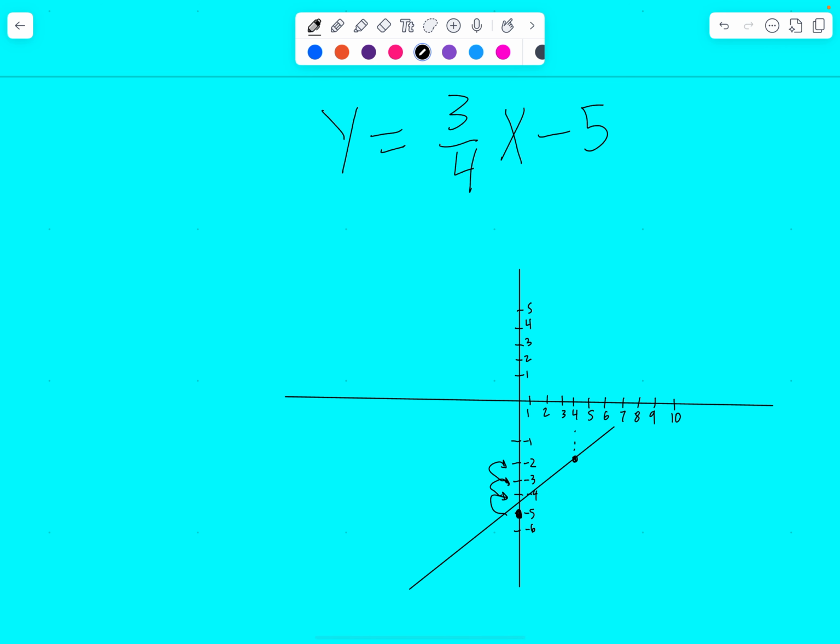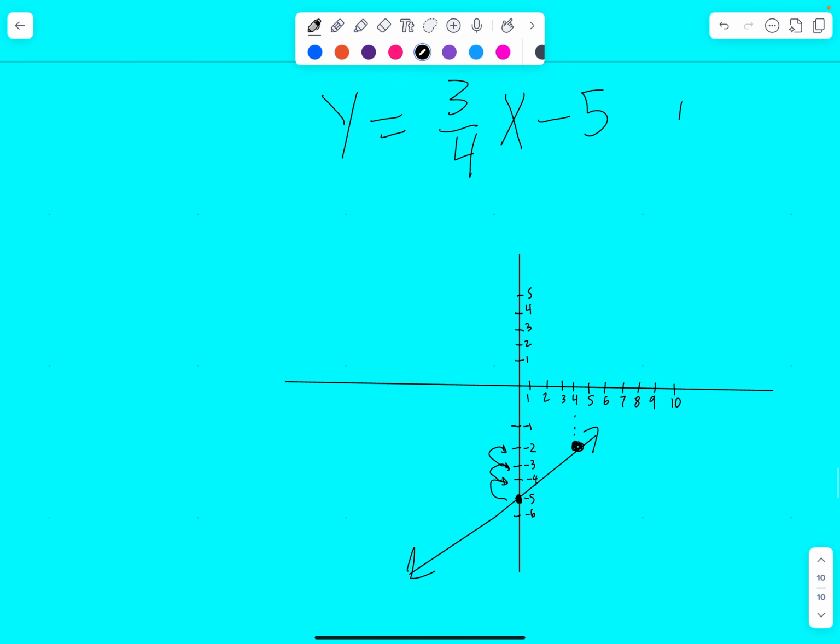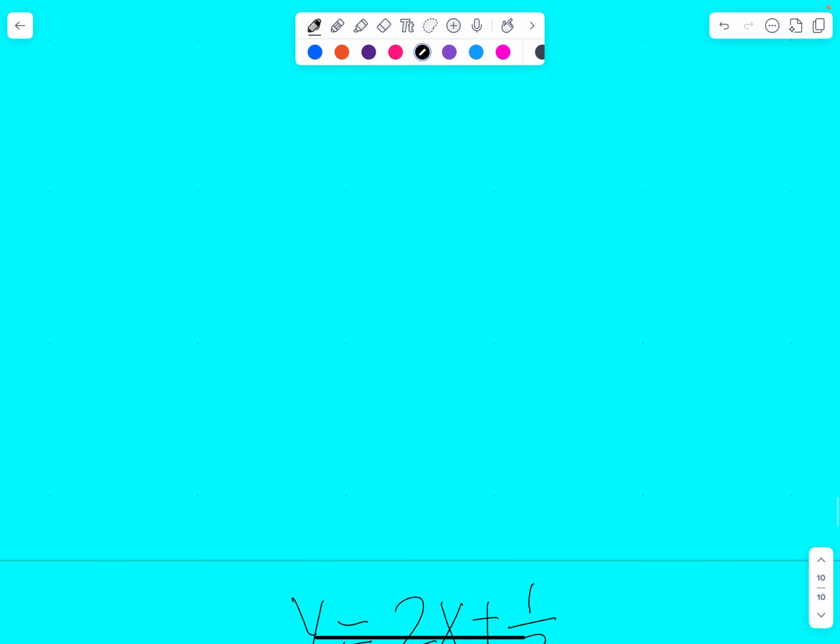So tiny, isn't it? And then you could just draw it like that. It's a little bent, but it's still straight. So your m was 3/4. Your b was -5. Yeah, drawing can be a bit of a doozy on here.